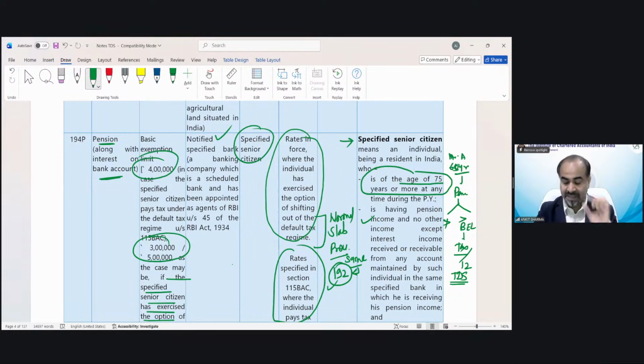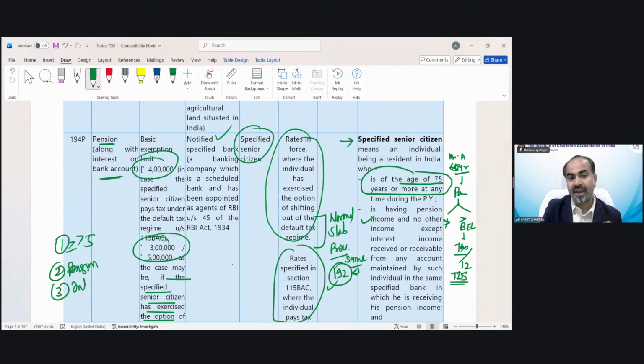Condition 1: he is receiving only pension income and interest income, and this pension and interest has been paid by the same bank, suppose SBI, BOB, whatever it is. If the pension and interest income is received from only that same bank. If the interest income is from another bank and pension is from another bank, then this provision would not be applicable.